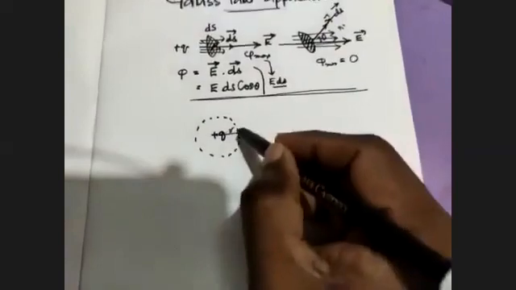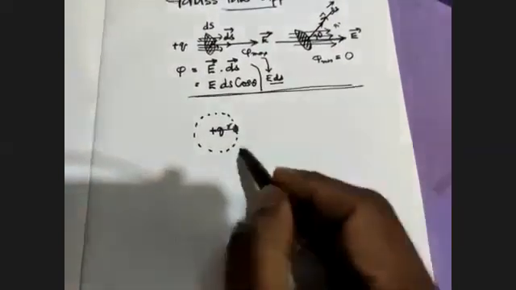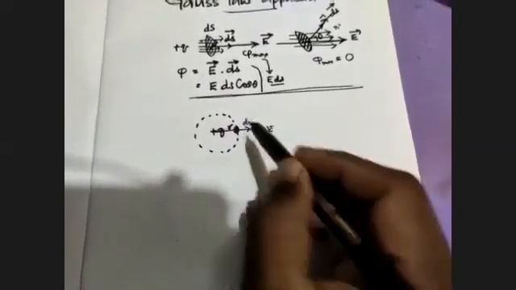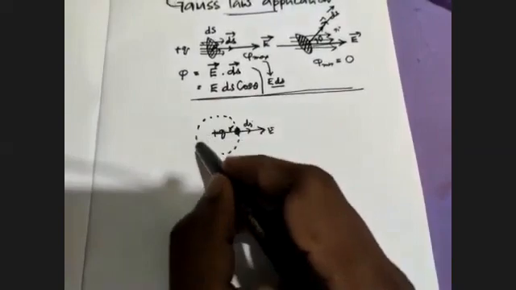So I have drawn a circle. That means in 3 dimensions, it's a sphere, right? The sphere radius is r. So this is a small surface. This surface is in this direction, and the electric field is also going in this direction. This is the ds direction. Like this, so many areas we can imagine.